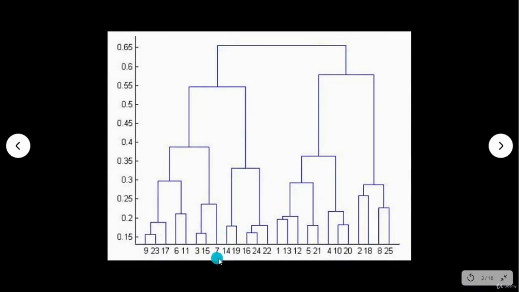Here we can see that a total of 25 points are present in the dataset, which are assigned to separate clusters. As this algorithm works, the two closest clusters are merged until we reach a point where a single cluster is available. The height in the dendrogram where the clusters are merged displays the distance between these two clusters in the data.